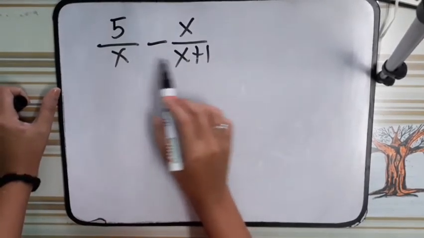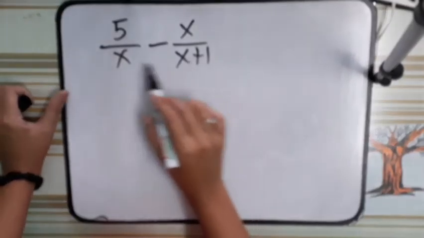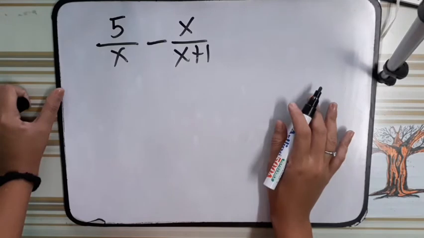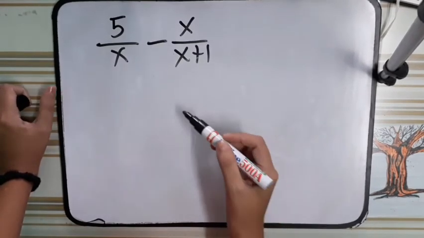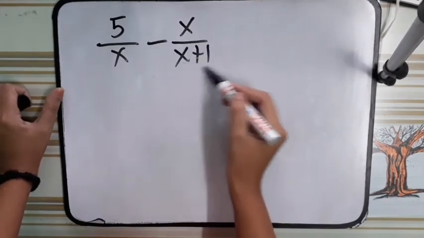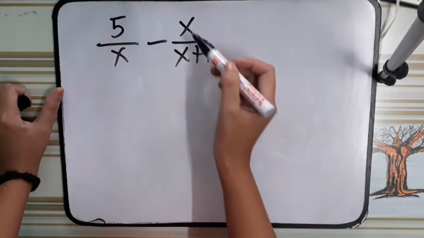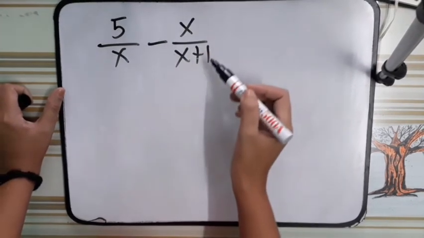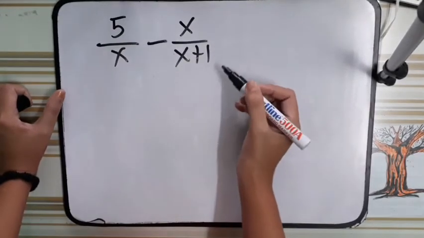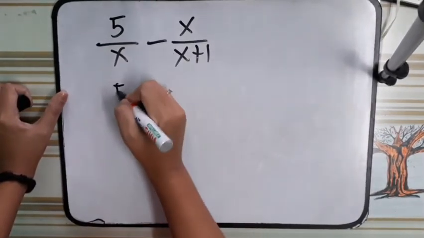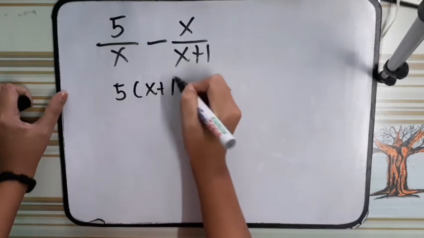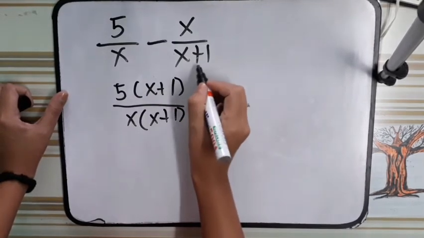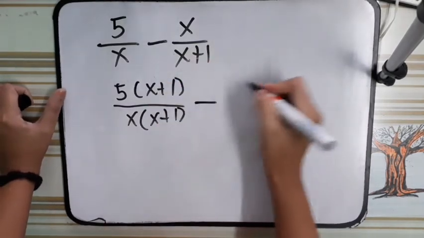So the first thing that we need to do is to find the LCD or simply get the product of the two. But for this lesson, I'm going to teach you another method: you multiply the first fraction by the denominator of the other one, and the second fraction by the denominator of the first. Or simply multiply 5 by x plus 1 as well as the denominator x by x plus 1, the denominator of the other one. Then do the same with the other.